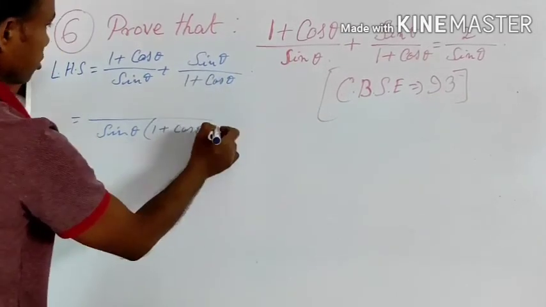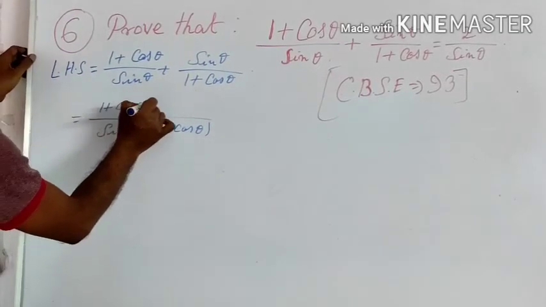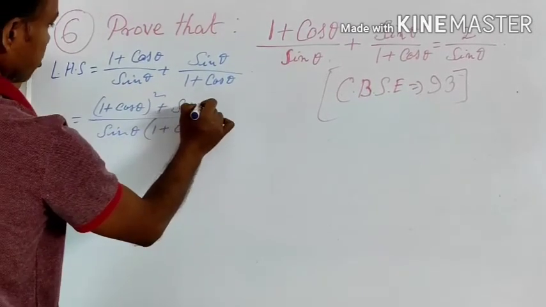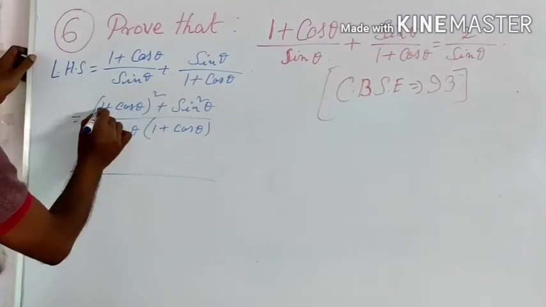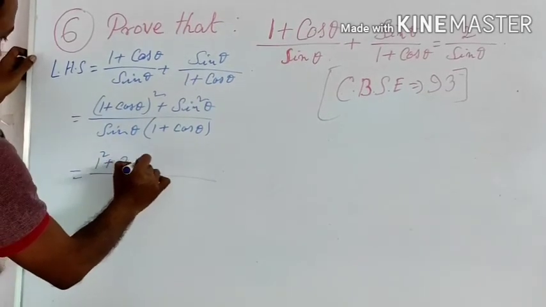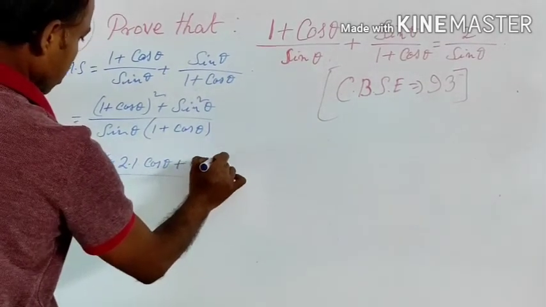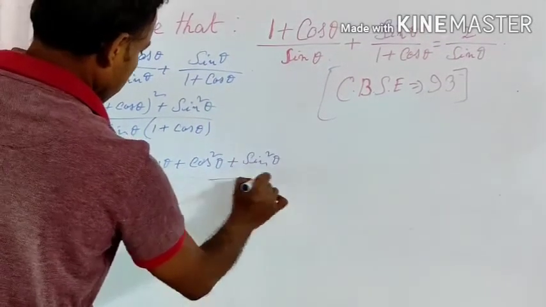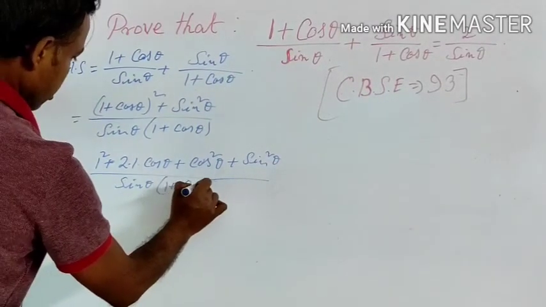So this will be 1 plus cos theta whole square plus sin square theta. a plus b whole square is equal to a square plus 2ab plus b square. b square means cos square theta plus sin square theta, by sin theta into 1 plus cos theta.